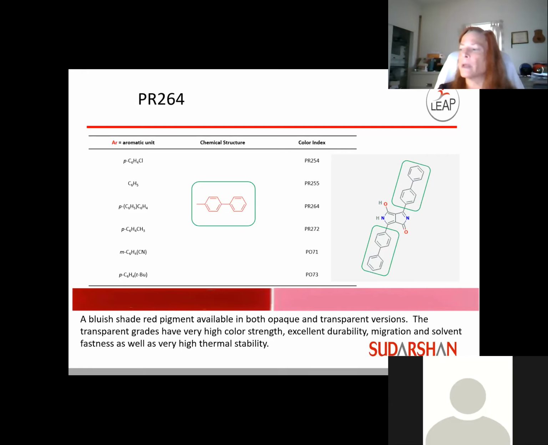It's available both in opaque and transparent versions. The transparent grades do have a very high color strength and excellent durability, as well as migration and solvent fastness. And these have very high thermal stability for those high temperature plastic applications.